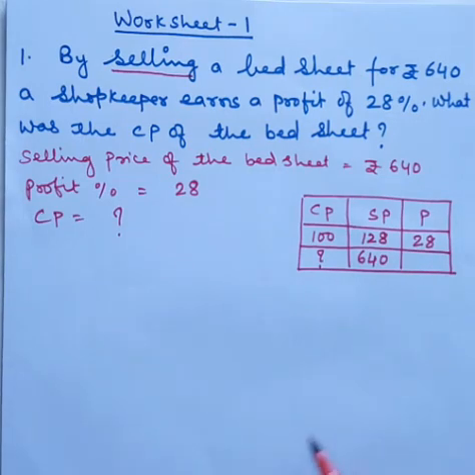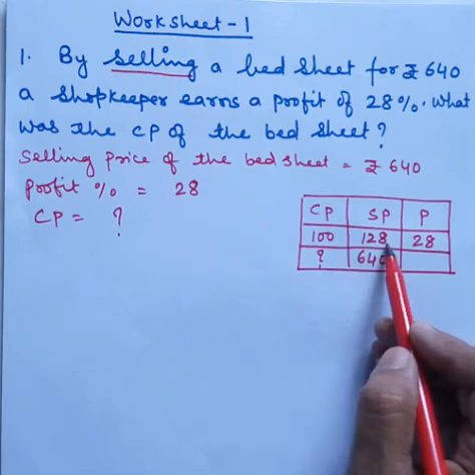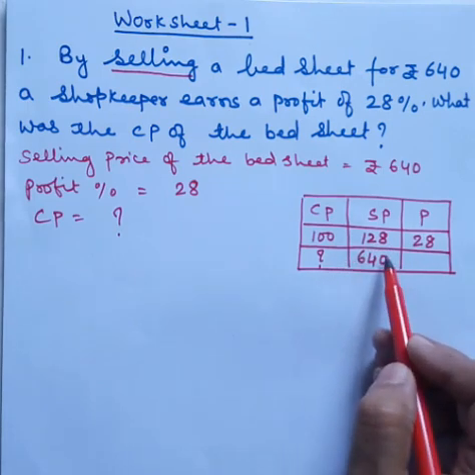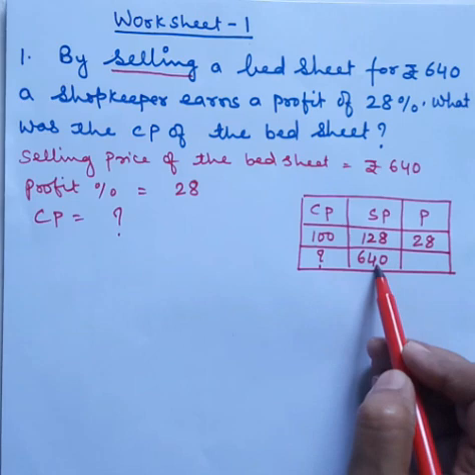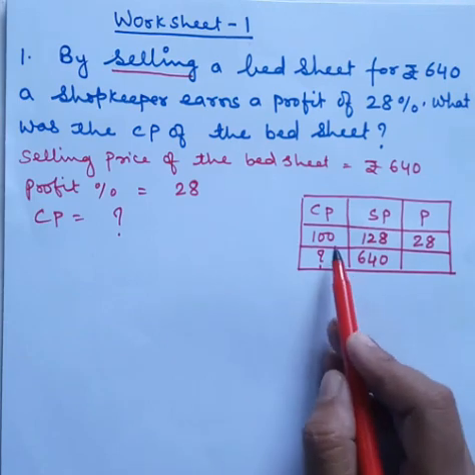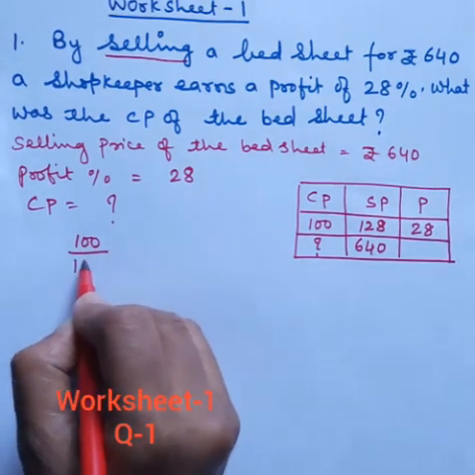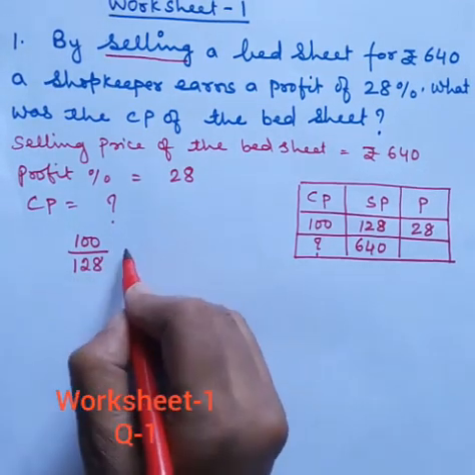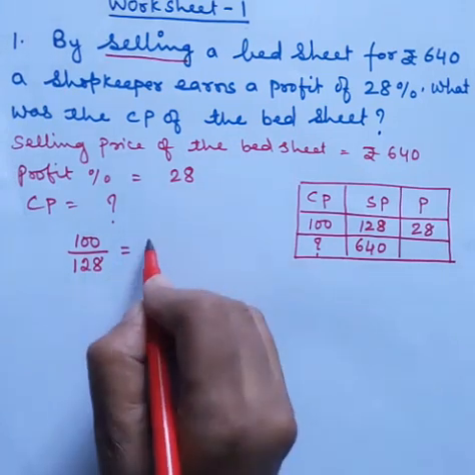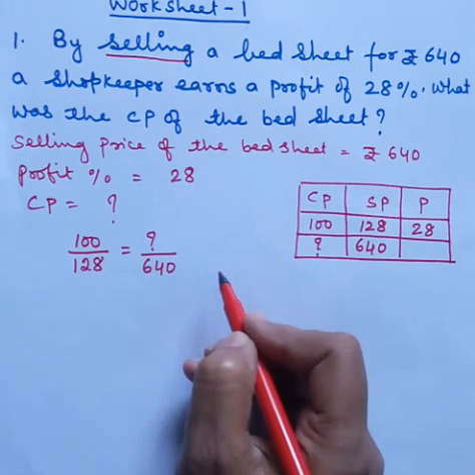This is the question. See, when CP is 100, SP is 128. That means when SP will be 640, CP will be more than 100. So we can say that this is the case of direct variation, and here 100 by 128 will give you unknown number by 640.